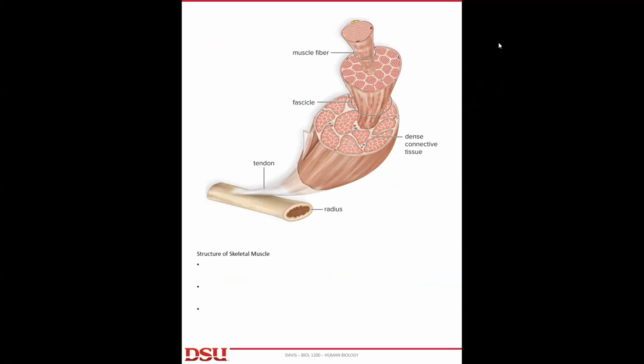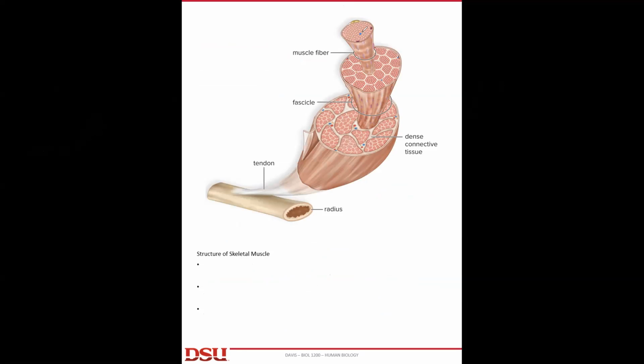If we're going to look at the structure of muscles, we have this tiny to big type arrangement. One of these little circles in here, there's tons of these.